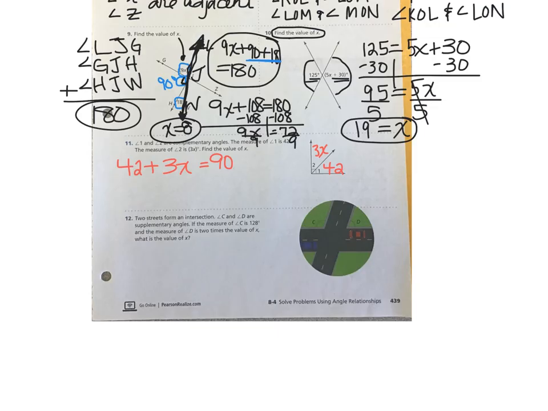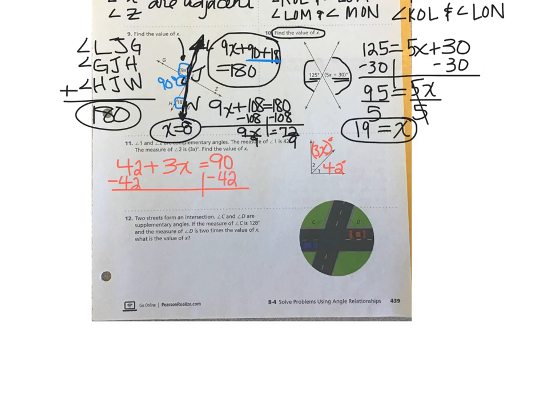Question 11 gives us a picture of two angles that are complementary. It tells us that the measure of angle 1 is 42 degrees and the measure of angle 2 is 3x degrees. So we're going to add those two measures together and their sum should be 90. Now we're going to solve for x. Solving for x is solving this two-step equation.